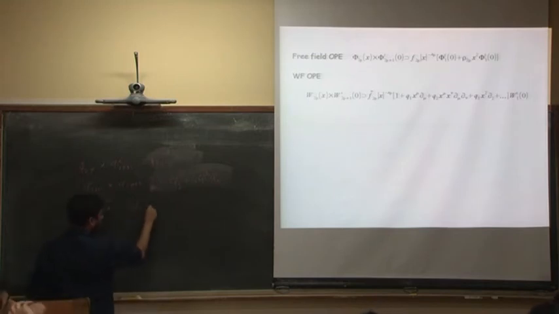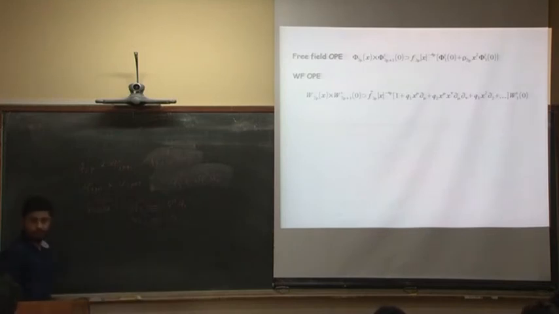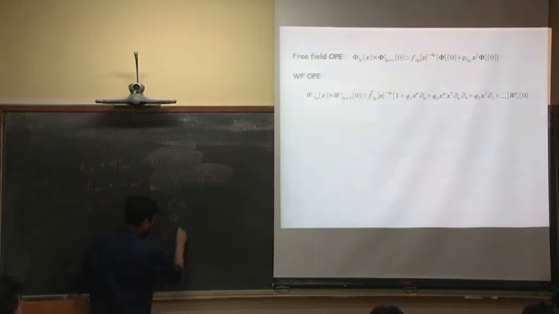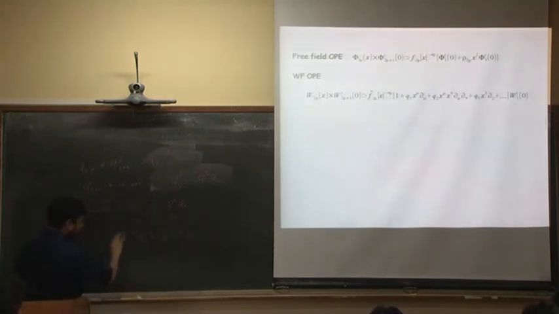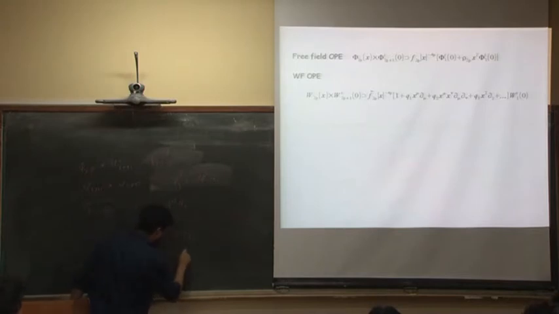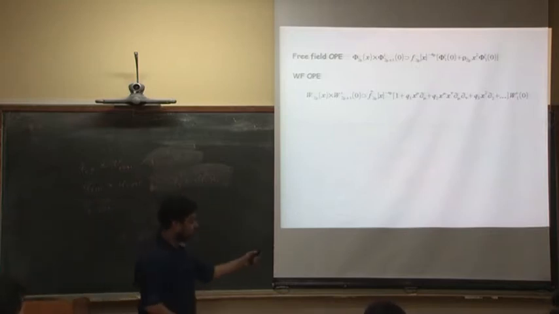W3 is the analog of phi squared phi I, and W1 of I is the analog of phi I. Now, del squared phi I equals lambda phi squared phi I. At the Wilson-Fisher fixed point, I will just replace this by these corresponding operators. So lambda times W3 equals del squared W1 of I. So basically you see that at the Wilson-Fisher fixed point, you can just write the OPE in terms of this.